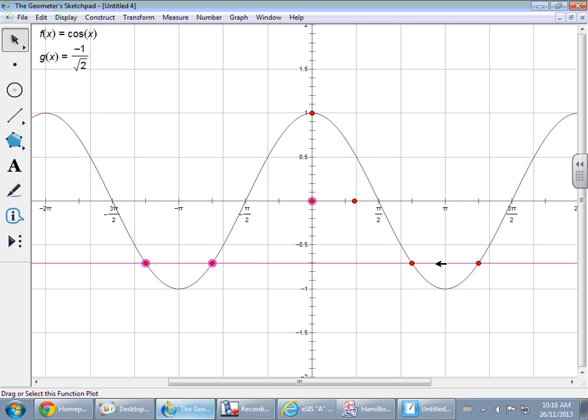Another cycle up. Okay, so this answer right here is going to repeat itself 2 pi away. Okay, and I'll keep doing that forever. Right? This answer right here, my second answer, will repeat itself 2 pi away. So if I want to get to the other answers, I'm going to add on multiples of my period. Does that make sense?